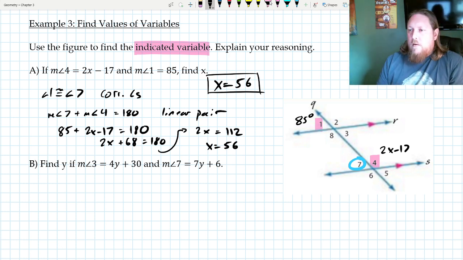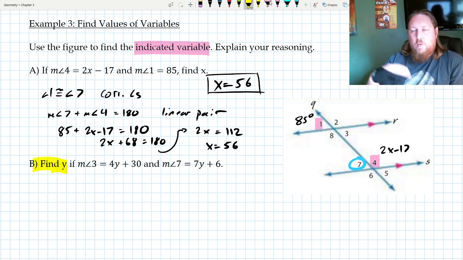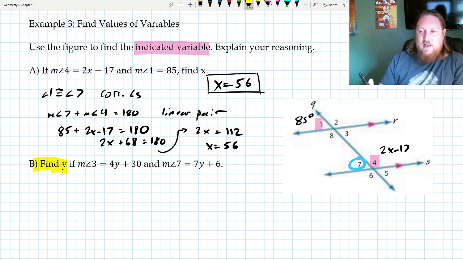All right. Now, I'm going to erase this stuff here because I've got a new set of information that I want to use. And that's one good thing to practice. The pieces may be correlating to each other, but here you can see on the second problem we're solving for y, which is a completely different variable, so we don't want to use any of the old stuff from the last problem.